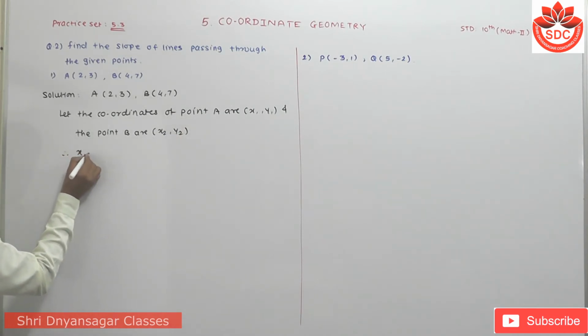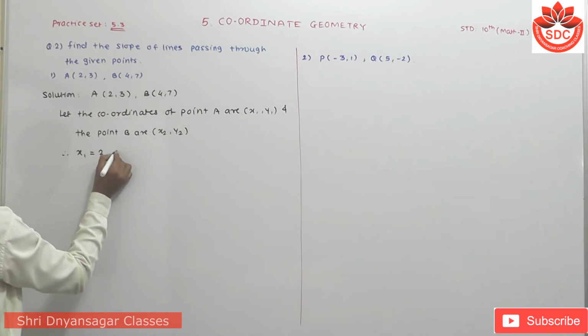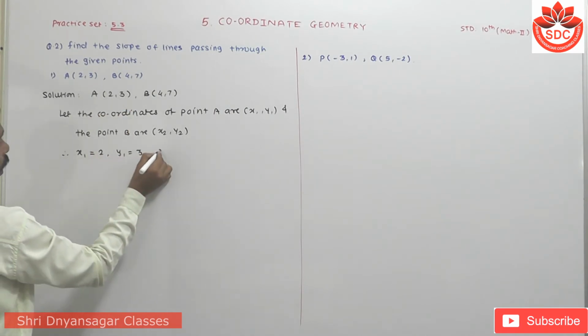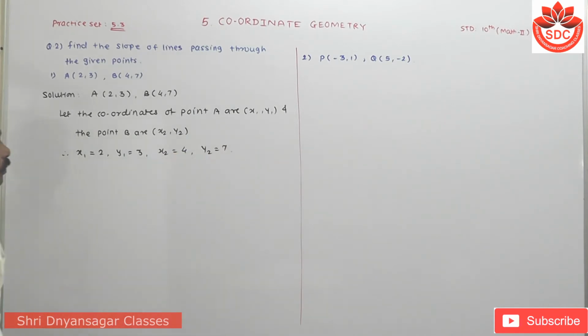Therefore, by comparing, x1 is 2, y1 is 3, x2 is 4 and y2 is 7. Then we have to find out the slope of this line.